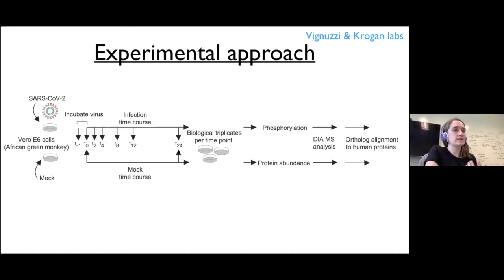All of these time points were collected in biological triplicate. And then we analyze these samples in two different modes, one looking at protein abundance changes and the other looking at phosphorylation changes. And finally, since we're using a monkey cell line here, we map all of these phosphorylation changes to their orthologous human proteins so that we can use the wealth of annotated resources to understand the changes that we're observing here.